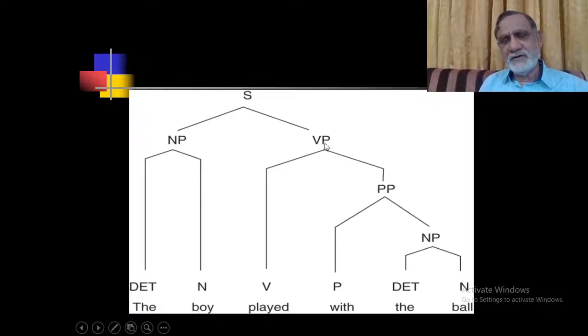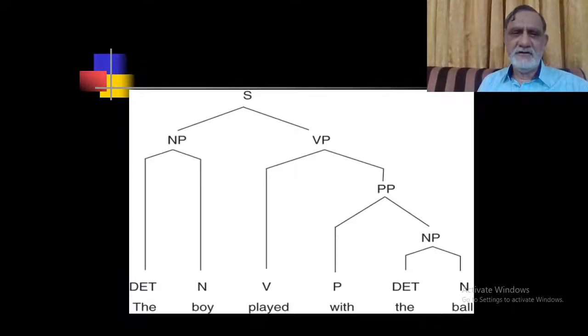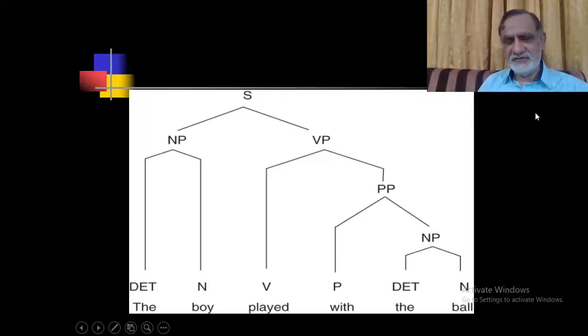This is verb phrase, and this is verb, and then this is preposition, and this is again a noun phrase here, determiner, and again noun here, ball. The boy played with the ball: the syntax structure of this sentence has been analyzed here in this particular diagram.